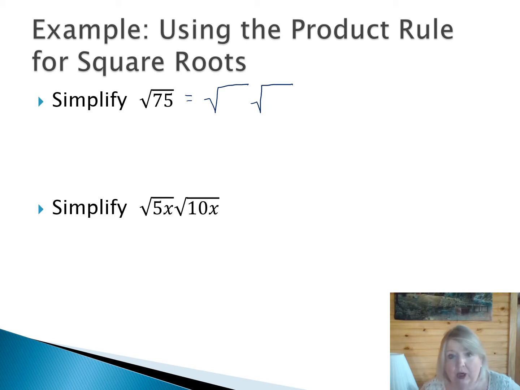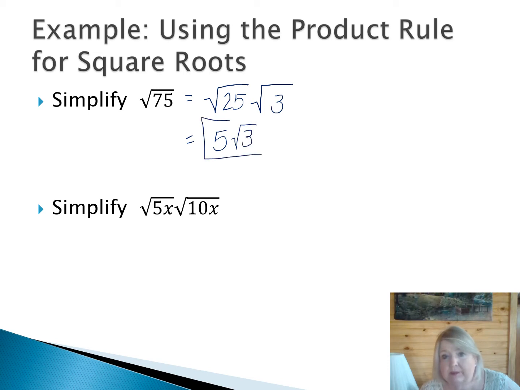I do not want to call 75 15 times 5 because neither 15 nor 5 is a square number. Instead, I want to call it 25 times 3. Why? Because look at that square root of 25. The principal square root of 25 is 5. And I'm left with 5 square roots of 3. Okay, that's how we're going to simplify.